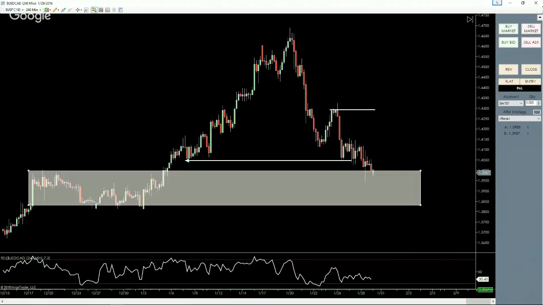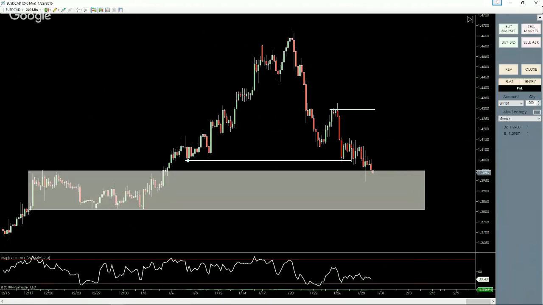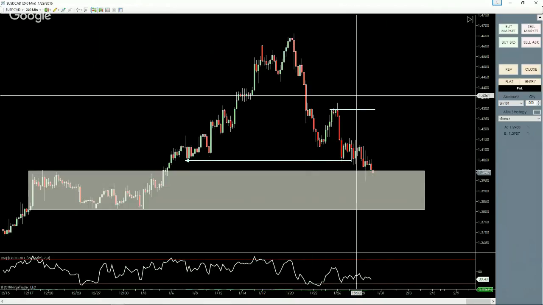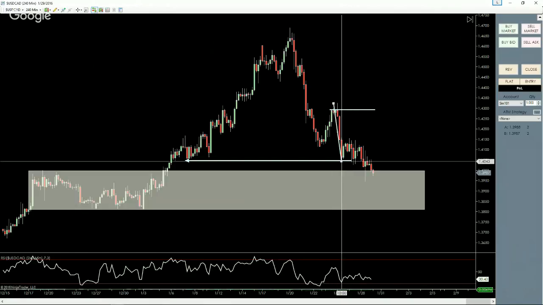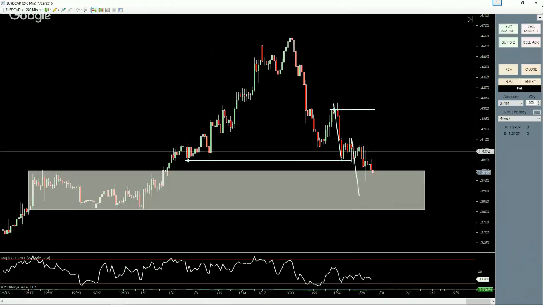So what you usually do is you kind of just bracket that zone, and within that zone you want to find certain things that could give you a signal or give you a higher probability trading opportunity. And to do that, you can use some harmonic moves. Let's see if we can find any harmonic moves.